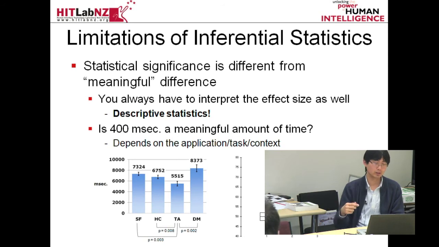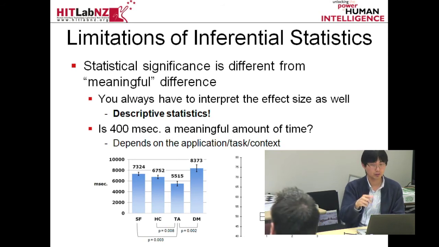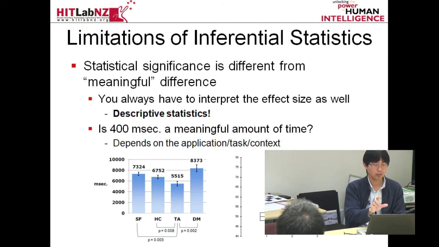But even if the inferential statistics told it is a significant difference, and the difference was 400 milliseconds, if it was a task like gaming, then it might not be that meaningful a result. So it depends on task and context.